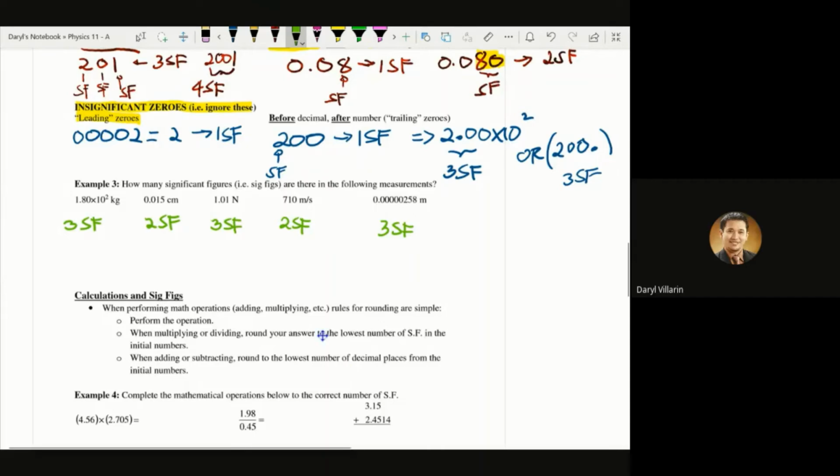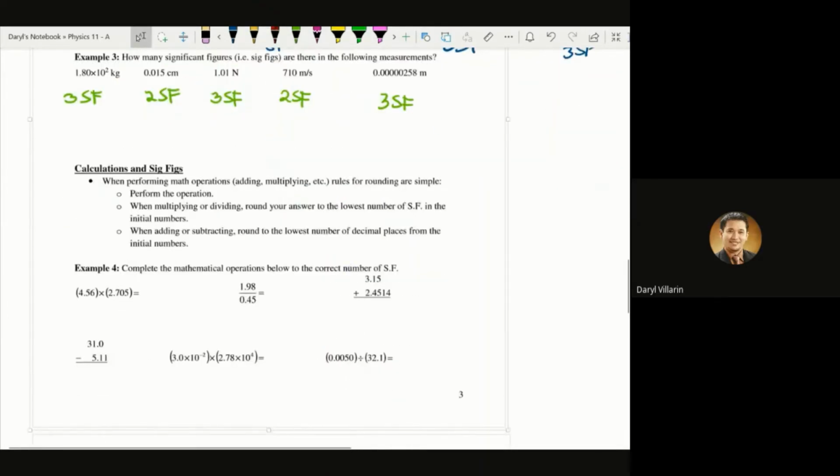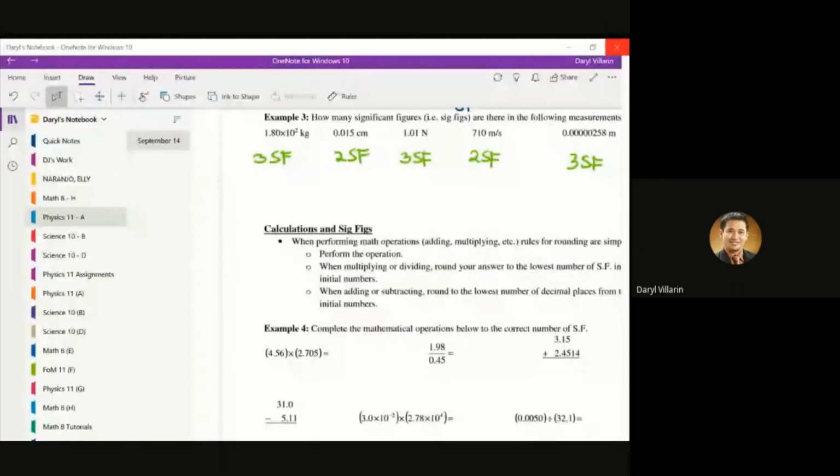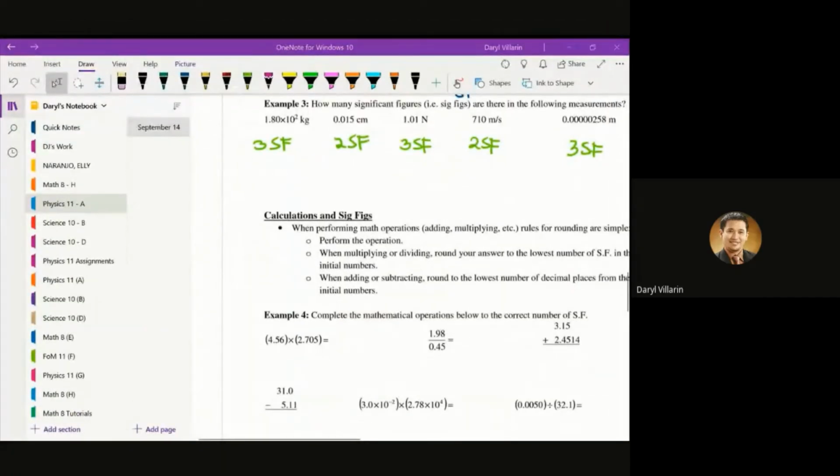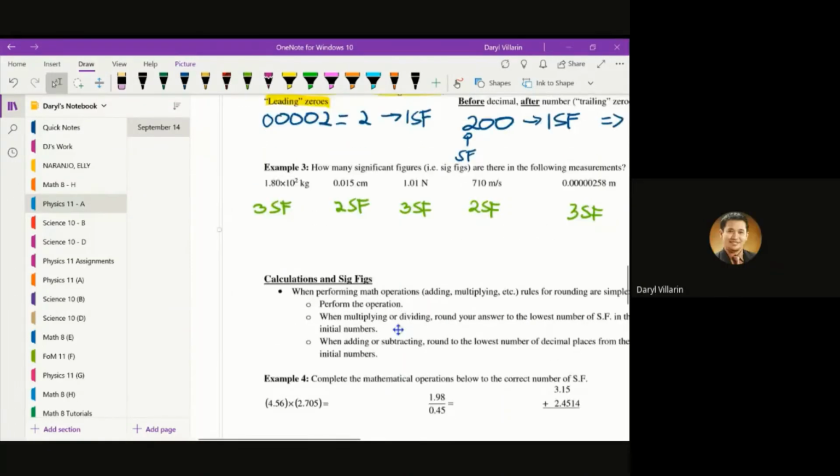Before we proceed with the next one, are there any questions? Yes. For the 710, why is the 0 not significant again? The 0 here is not significant because any 0 after a non-zero without a decimal is considered insignificant. Actually, in some other books, they say it's tricky, it could be significant or not significant.